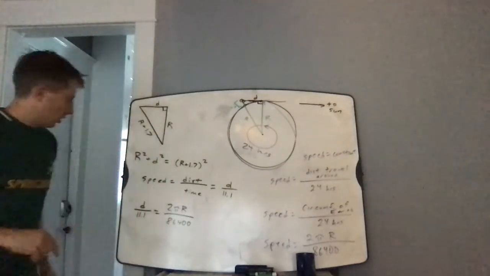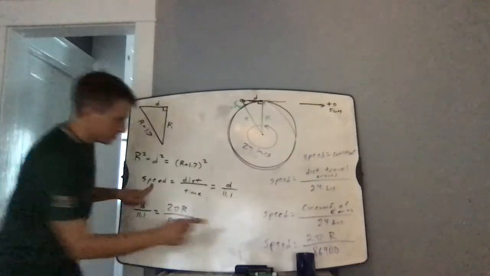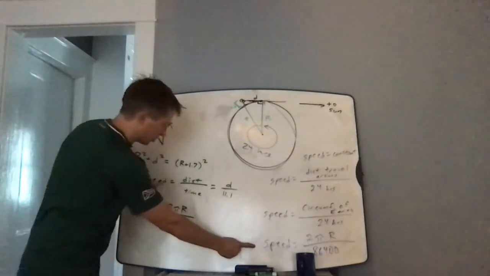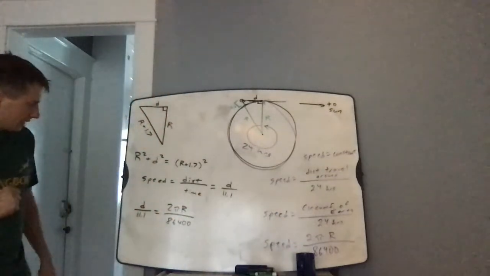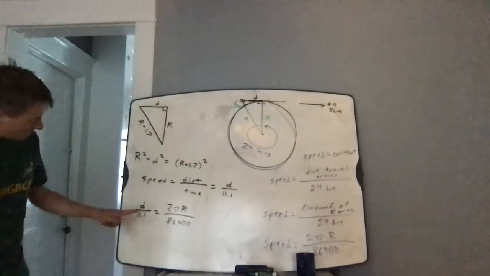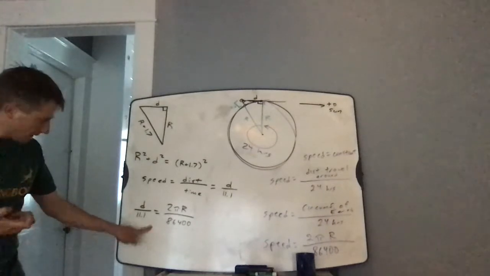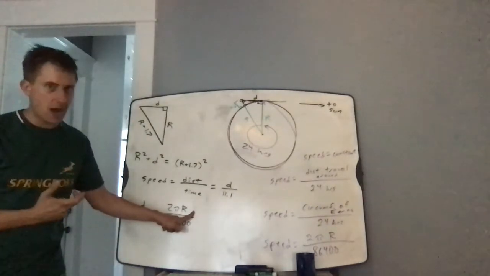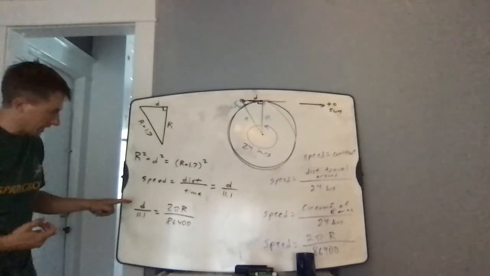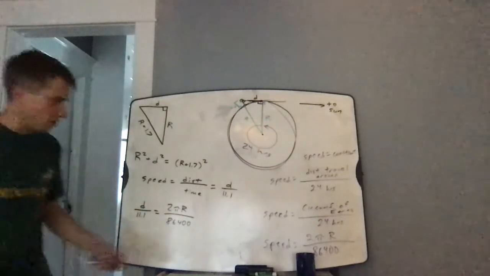Because this speed and this speed must be equal, this term must be equal to that term. Now at this point, I have a way where I could write D only in terms of my unknown, only in terms of R, and then I have enough information to finish this problem.